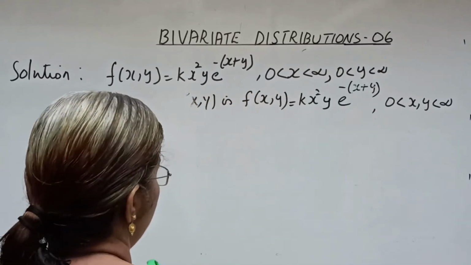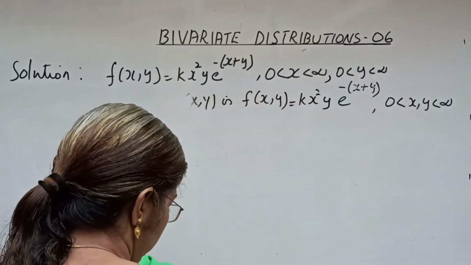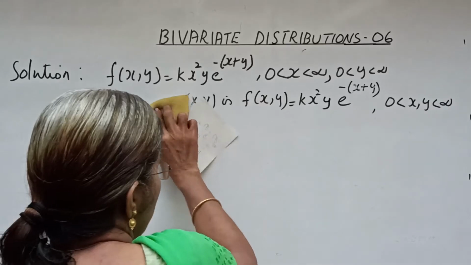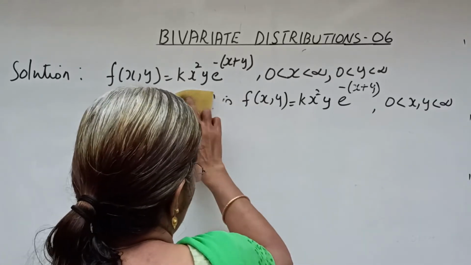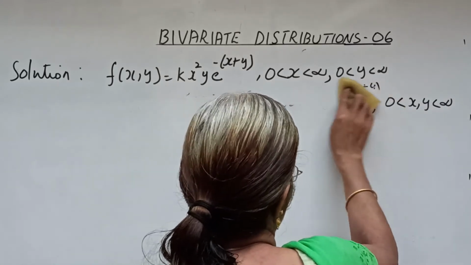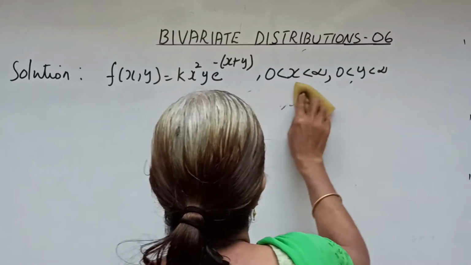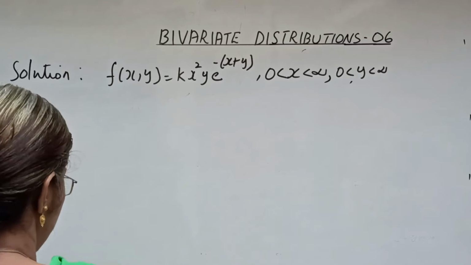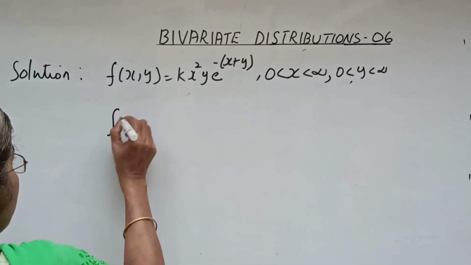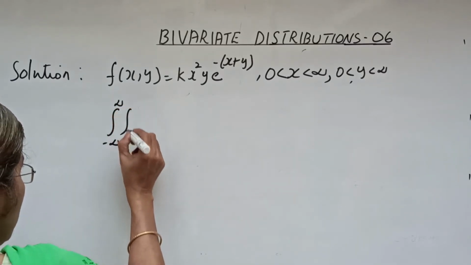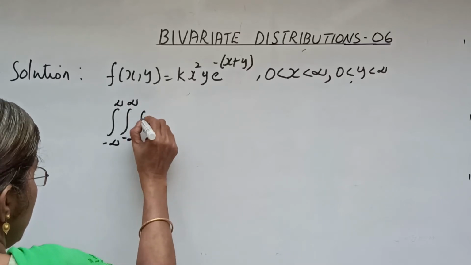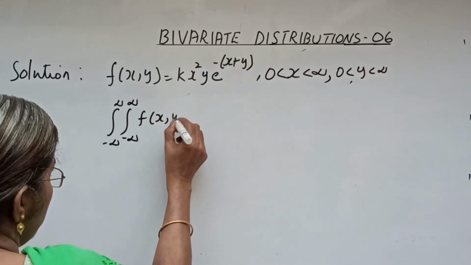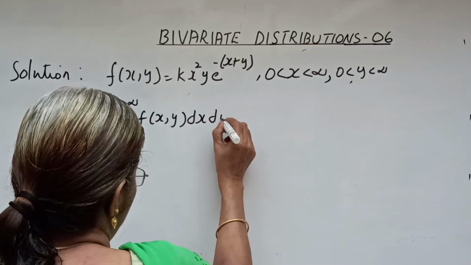I have already mentioned both x and y are between 0 to infinity, when we write 0 less than x, y less than infinity. Okay, so it is simple, that is double integral over minus infinity to infinity f(x,y) dx dy equal to 1.